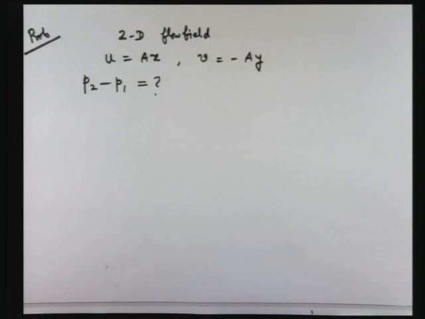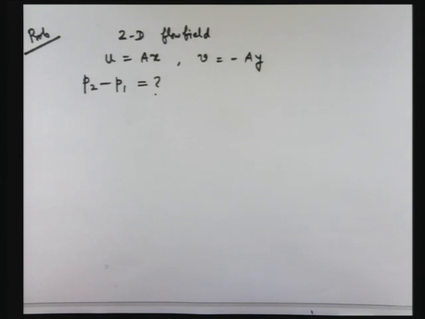Now there are several ways of working out this problem. Let us try to first get an insight of what type of flow this is. Physically, what type of flow is this? So first of all, given any flow field, we must try to see whether it is satisfying the continuity equation.